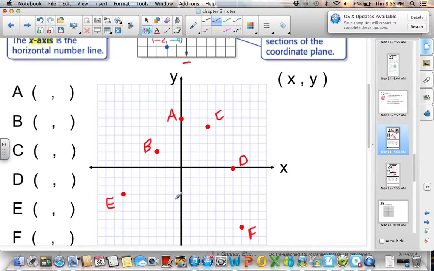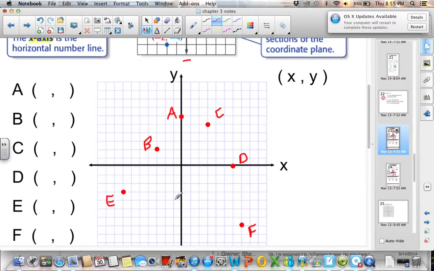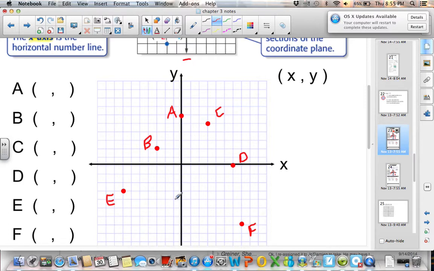In a second here, I want you to pause me and figure out what all these points are for A, B, C, D, E, and F. Remember that our points are labeled first our x value, then our y value. So let's do A together.